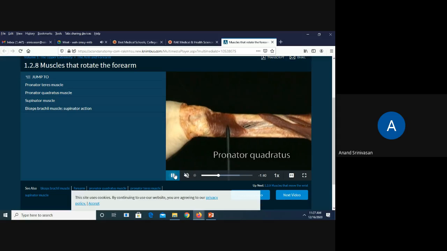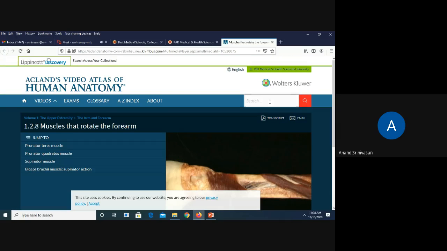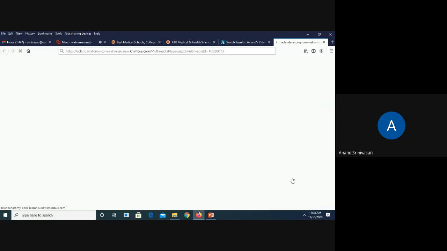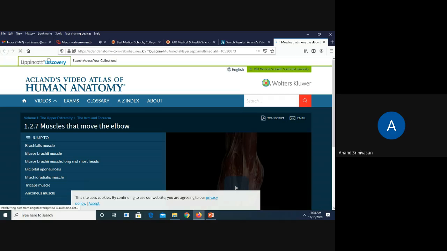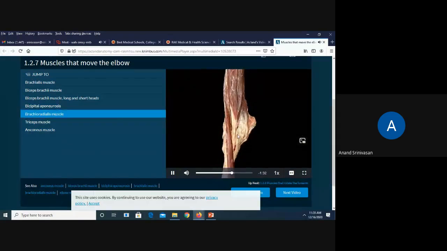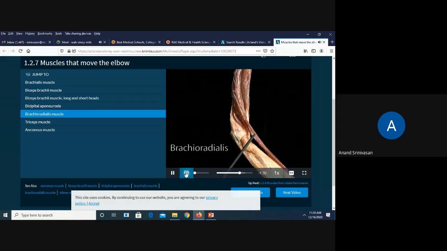Suppose you want to know what brachioradialis is. He even describes these muscles. You can directly go to brachioradialis, and it shows the brachioradialis.